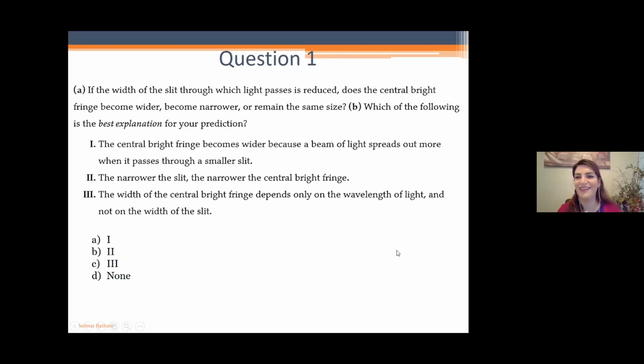Okay. All right, now this is question number 1 for you, class. It says, if the width of the slit through which light passes is reduced, does the central bright fringe become wider, become narrower, or remain the same size? Which of the following is the best explanation for your prediction?